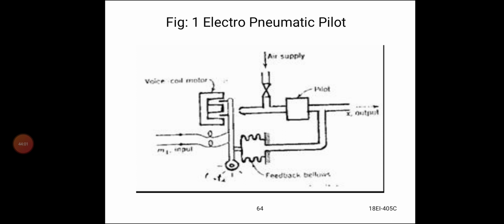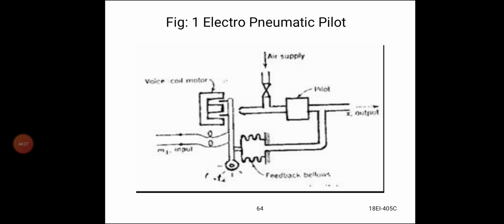So application of this current signal causes the voice coil motor to pull the flapper towards the nozzle. The air gap for the air escaping from the nozzle is reduced.